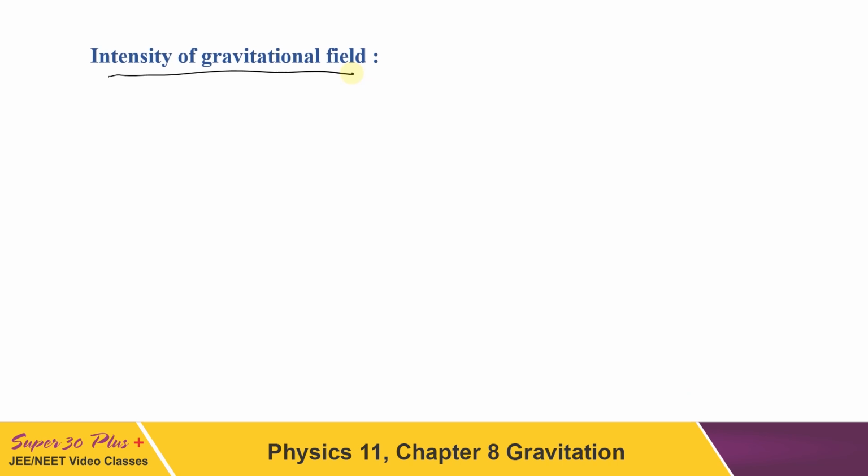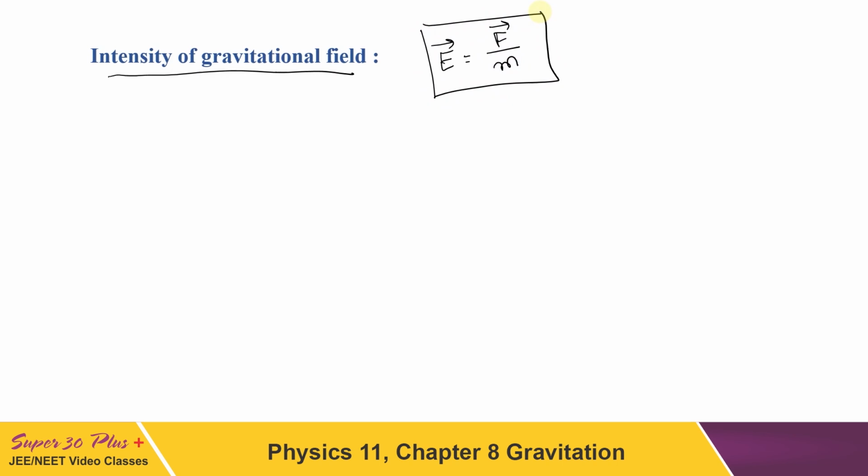It should always be directed towards the center of gravity of the body whose gravitational field is considered. Intensity of gravitational field at a point, of course, has to be a vector quantity, as it is defined by the force, and generally it is denoted by E. So E we can define mathematically as the force experienced by the unit mass. This is how intensity of gravitational field can be defined.